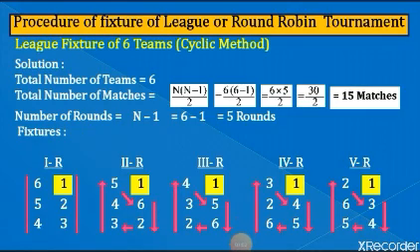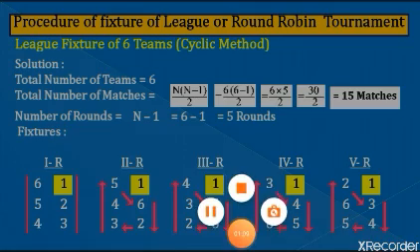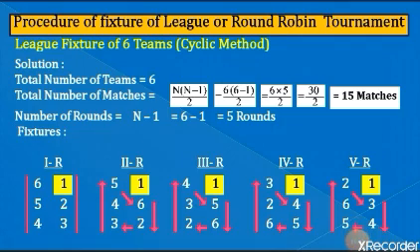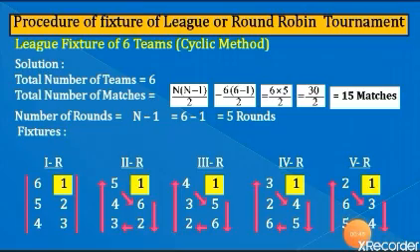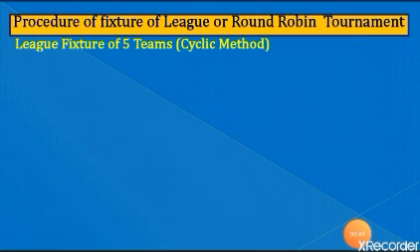In this way, we can represent the league fixture of an even number of teams by the cyclic method. In the next slide, we will learn the procedure of making a fixture in a league tournament of an odd number of teams by the cyclic method.